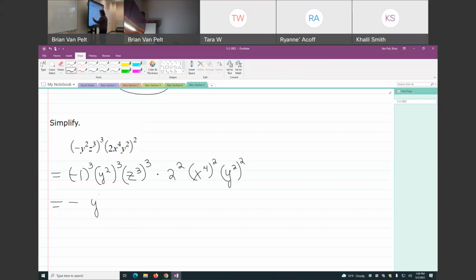I have y to the 2 times 3. Z is 3. So 4 times 2. So 2 times 2. Let me simplify a little bit more there before I start moving around.